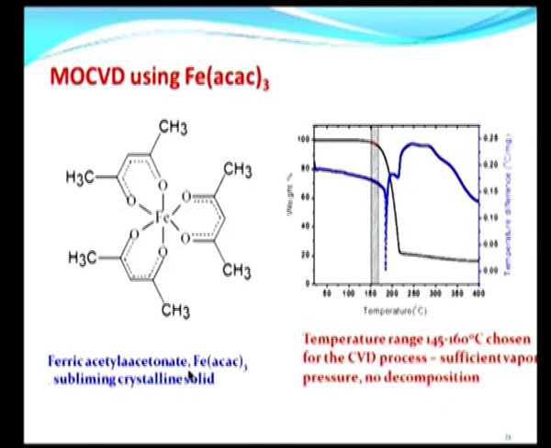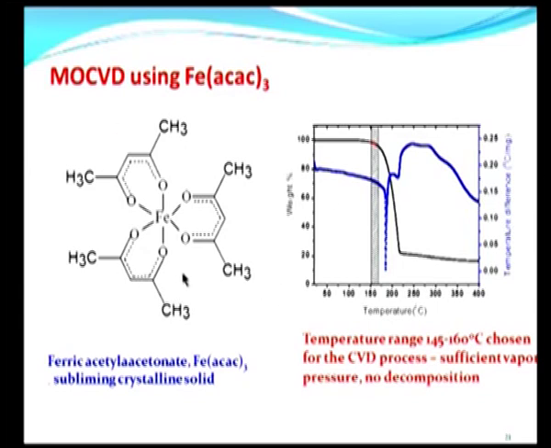I would like to recall to you that last time we used zinc acetyl acetonate to produce zinc oxide nanorods from a solution under microwave bombardment. MOCVD stands for metal organic CVD. So, this is a metal organic compound with iron at the core of it and then methyl groups as terminations.